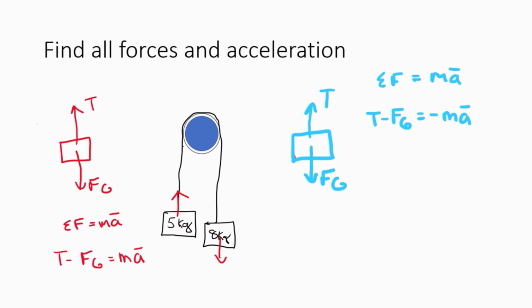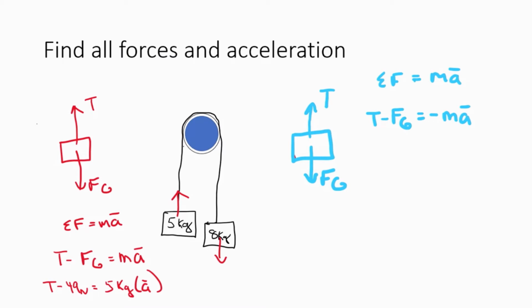All right, I'm going to start filling in things I know. Well, I don't know T, but I do know the force of gravity here. It is 5 times 9.8 or 49 newtons equals the mass, 5 kilograms, times A, and A I don't know. It's the best I could do with that equation.